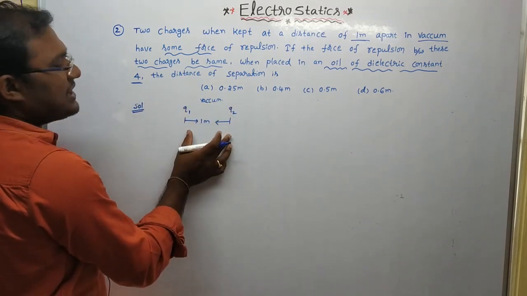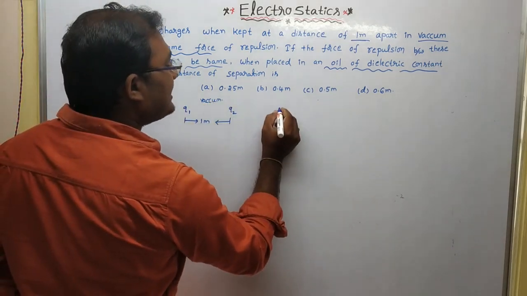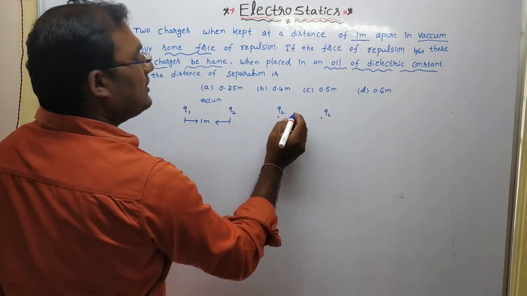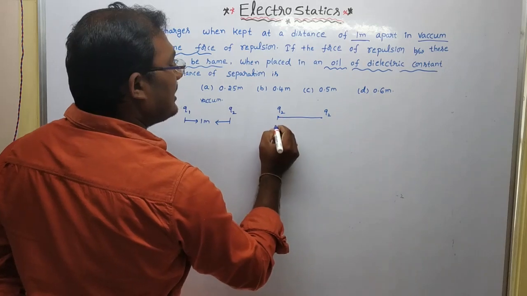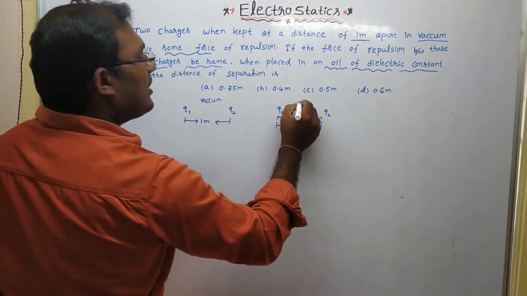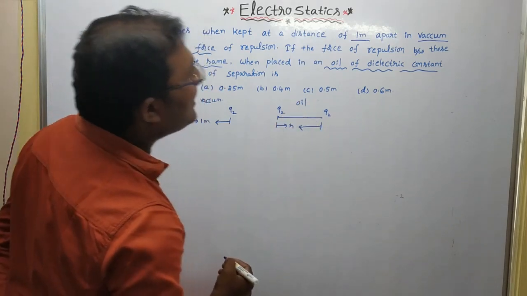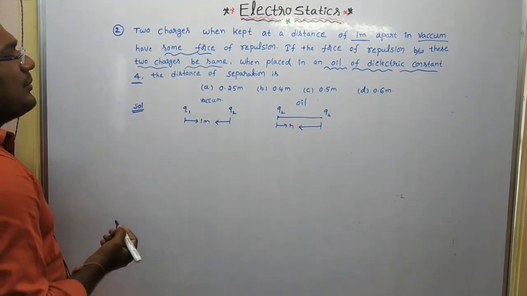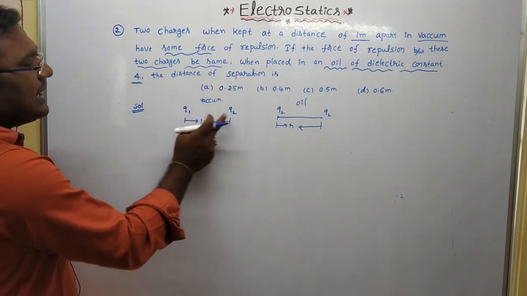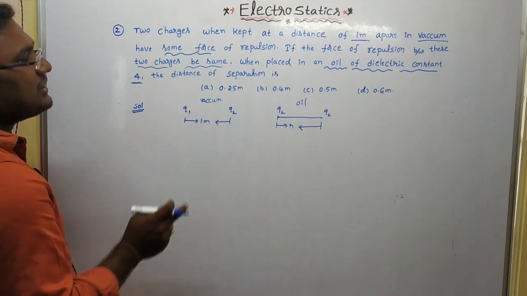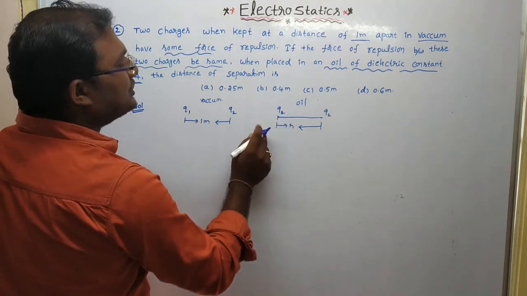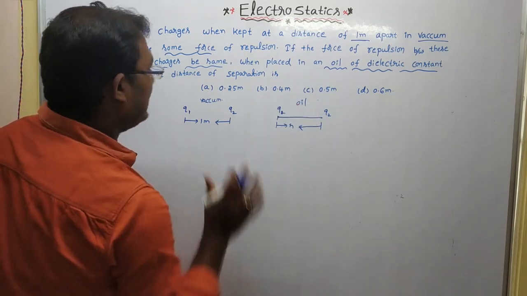Here the medium is vacuum. These same charges are then placed in oil at some distance r. Here the medium is oil. But the given condition is that the force between Q1 and Q2 in vacuum is equal to the force between Q1 and Q2 in the medium oil.